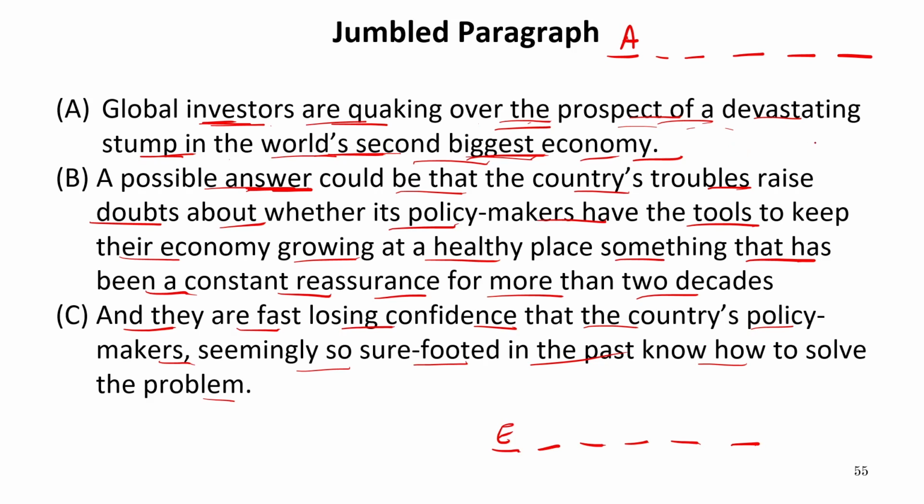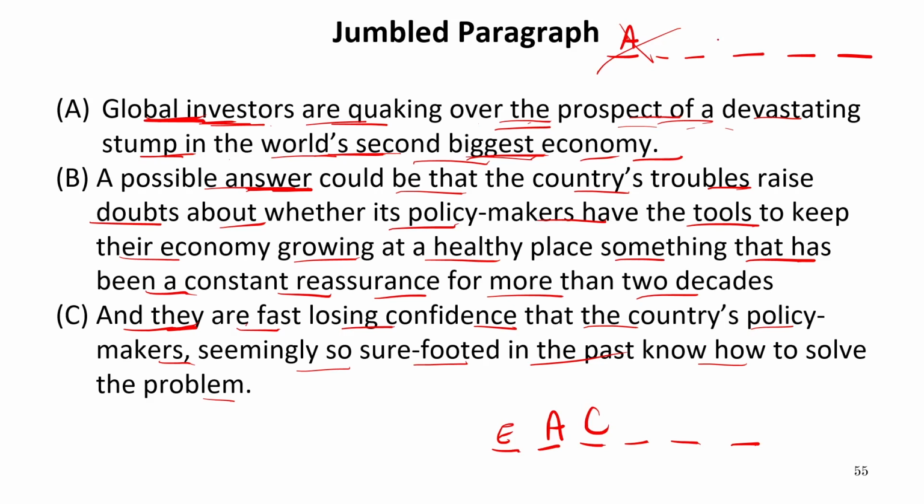So we can have this as the second sentence. And they are, now what? They have been talked about, the global investors. And they are fast losing confidence that the country's policymakers, seemingly so sure-footed in the past, know how to solve the problem. So this can be the third sentence. Now, if A is the second, here the combination fails.